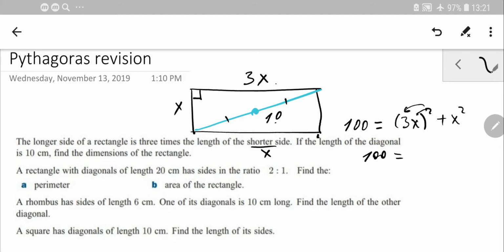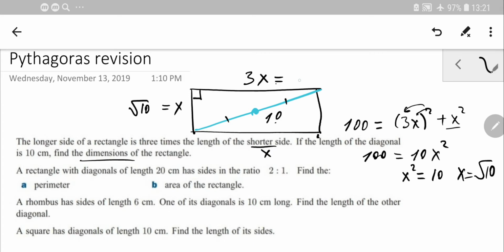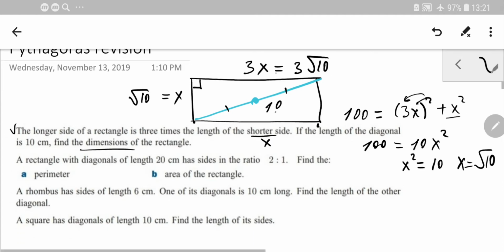It means we'll raise 3 to the power of 2, 9x squared, and one more x squared will get 10x squared. So x squared is actually 10 and x is square root of 10. So we found the first dimension, and here we'll get 3 square root of 10. Okay, so the first problem is done.